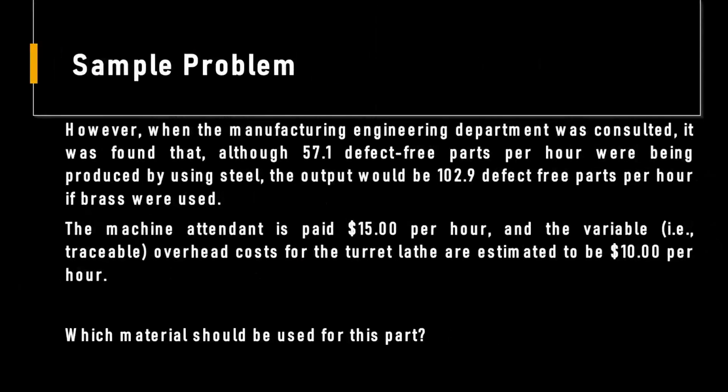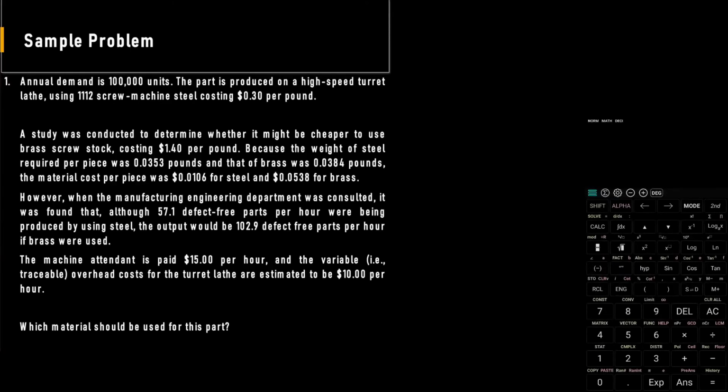So, i-solve natin. Kailangan daw natin ng 100,000 units. Denote na lang natin yan as N is equal to 100,000. And then, meron din dito na yung cost per pound.